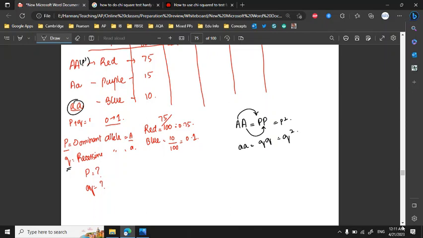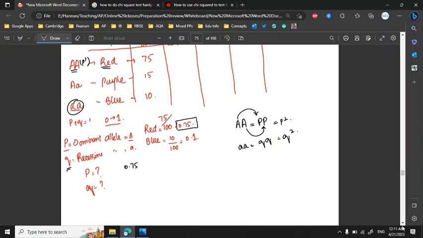Okay, now I need you to find the frequency for the dominant allele and the frequency for the recessive allele. The problem is that in case of frequencies, you need to first consider that capital A shown by red, the reading for capital A is 0.75.